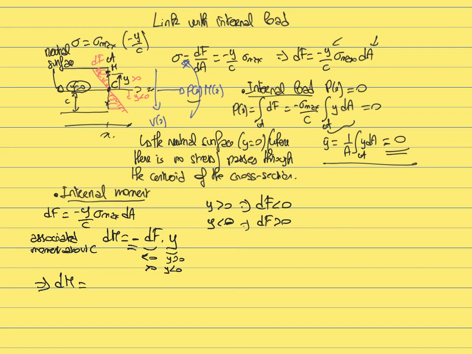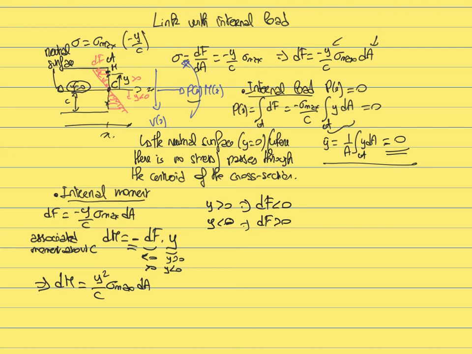So minus dF is going to give me y divided by c sigma max dA times y, so you get a y squared here.